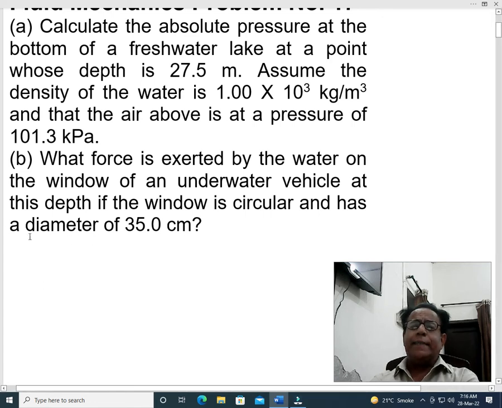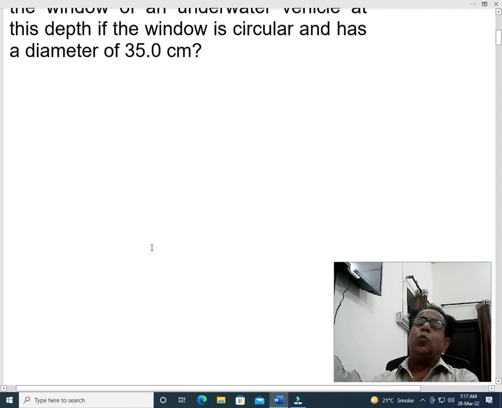So what is radius? Radius is half of the diameter. Moreover, we have to take radius in terms of meter instead of centimeter. So its radius will become 17.5 centimeter, and when it will be converted into meter, it will become 0.175 meter. Quite easy.